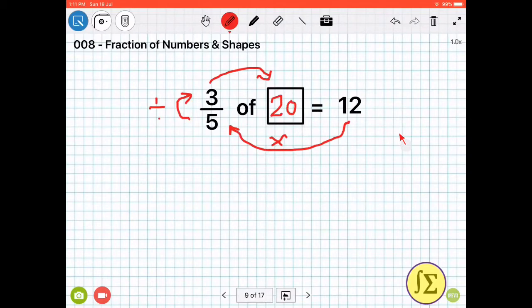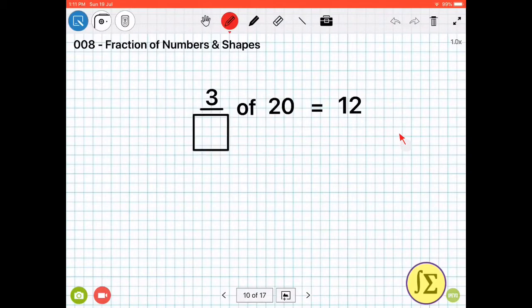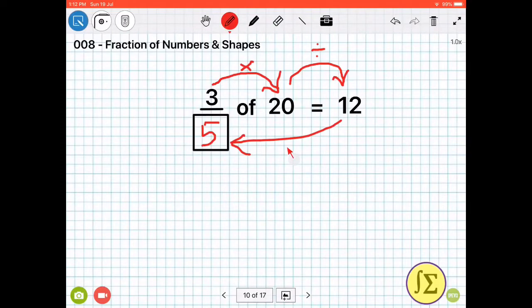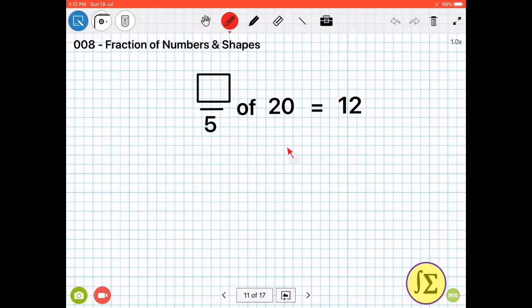Alright? Okay, what if the fraction of numbers problem does not give you the denominator? Okay, it's like this. You take the numerator, multiply it by 20. 3 multiplied by 20, you get 60. 60 divided by 12, you get the answer 5. Okay, what if the problem does not give you the numerator?